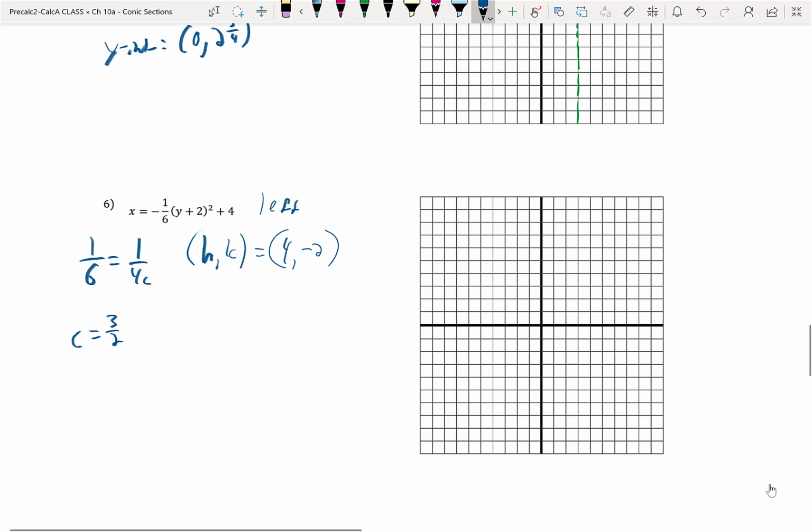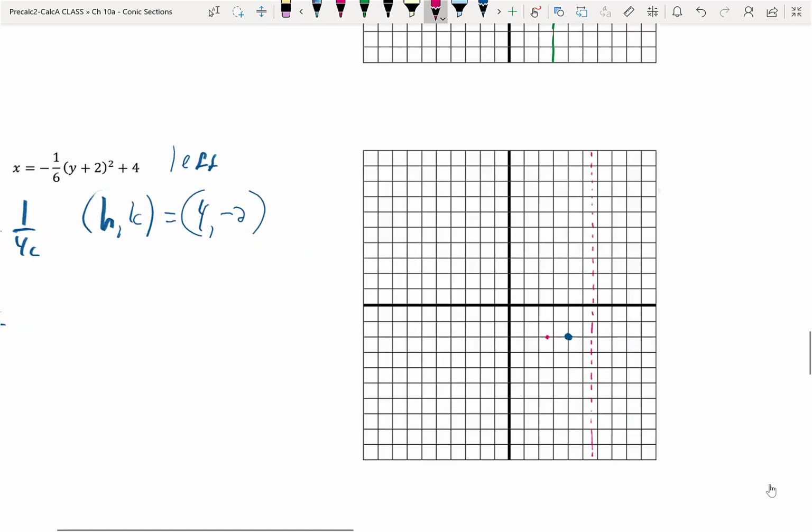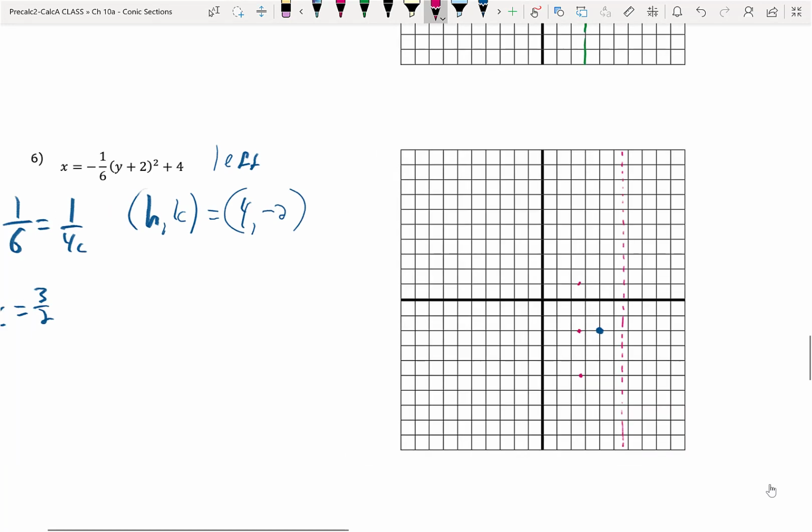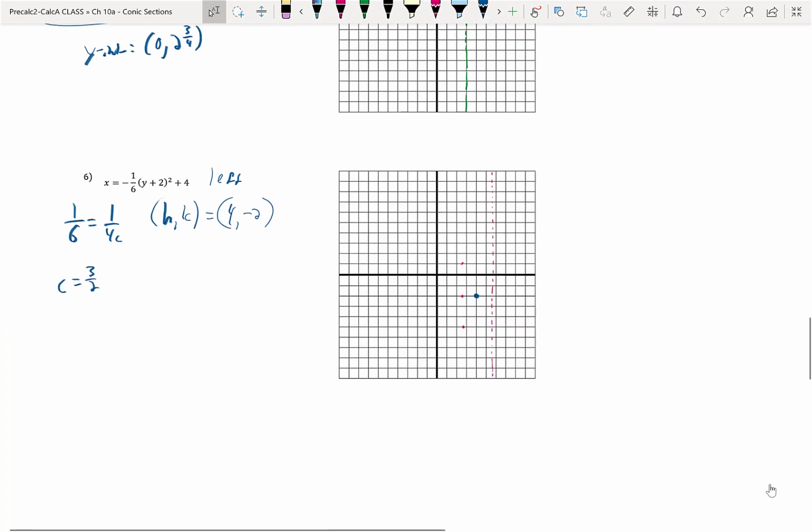So if I graph this, 4, -2, and I have a c value of 1.5 to the left, puts a focus, and 1.5 to the right puts a directrix. So get that halfway between. And my 2c points are to go 3 up from here and 3 here. Those give me the symmetrical points to graph.